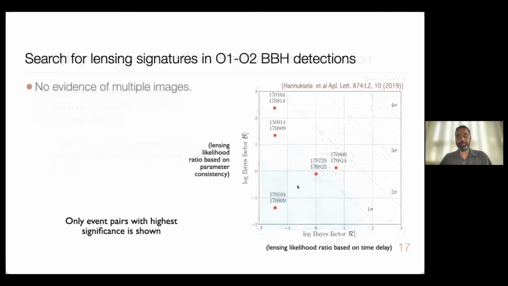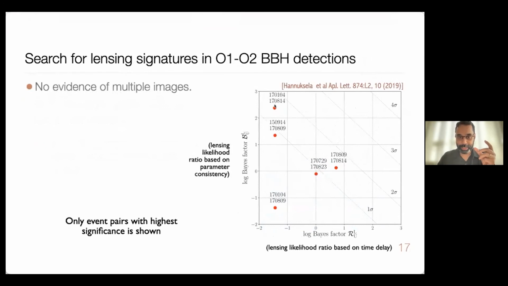Now we have performed searches for identifying signatures of strong lensing among the LIGO-Virgo binary black hole events. This is the result from the first two observing runs, the same likelihood ratios based on the consistency of shape and the time delay distribution. We only show here the pairs of events that show the highest value of the likelihood ratio.